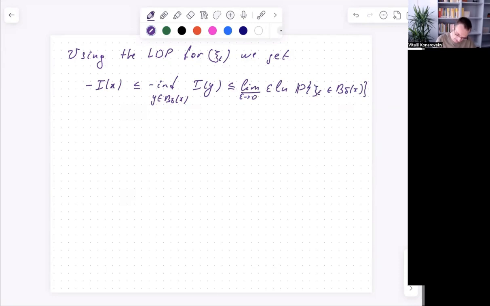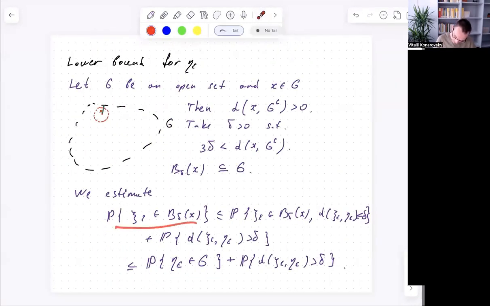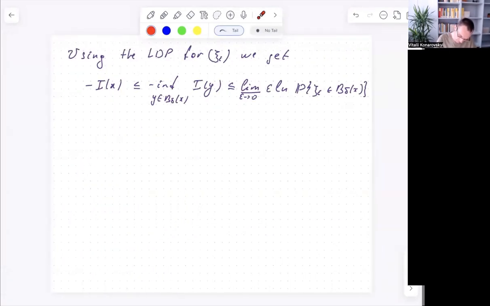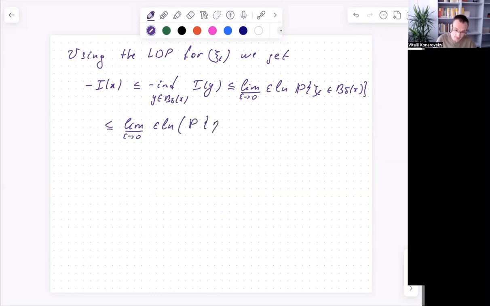And now we estimate that probability by the sum of two probabilities. Then we can continue: it is less or equal than lim inf as epsilon goes to 0 of epsilon logarithm of the sum, the probability that eta epsilon belongs to G plus the probability that the distance between psi epsilon and eta epsilon is larger than delta.